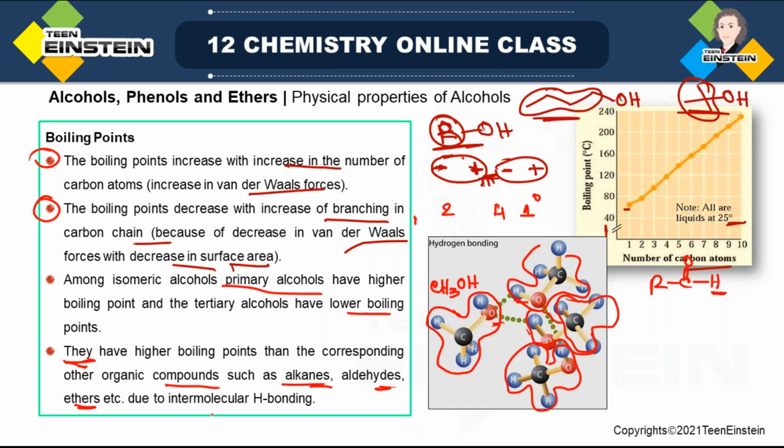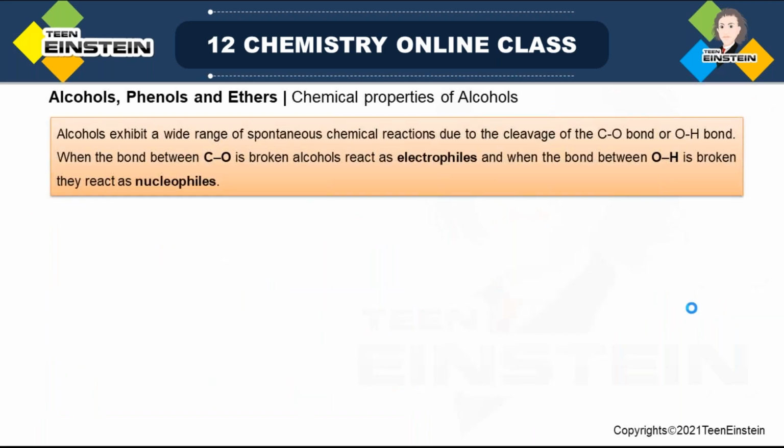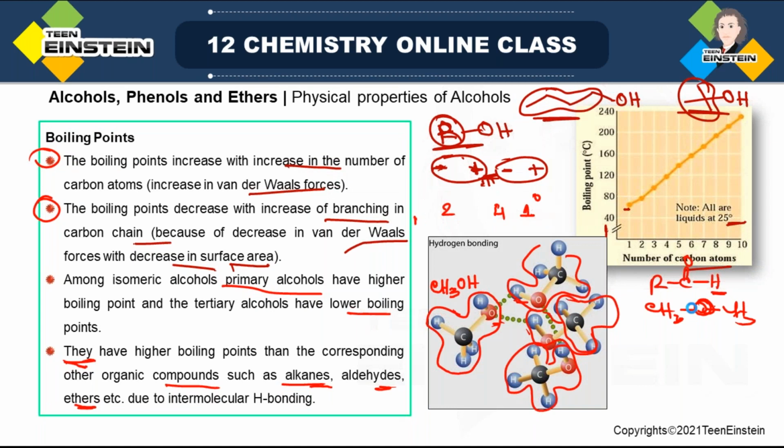And in ether also, suppose we have the simplest ether CH3OCH3. Here you have carbon oxygen carbon bonds, but you do not have an oxygen hydrogen bond. But hydrogen must be attached to some electronegative atom for proper hydrogen bonding.